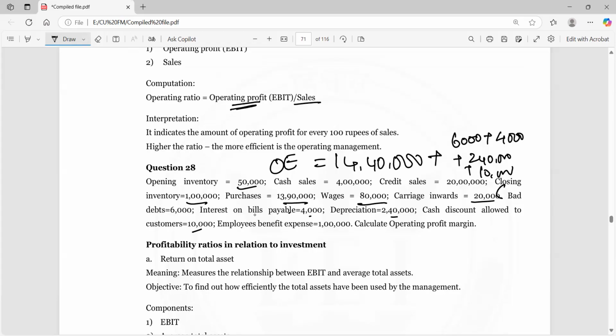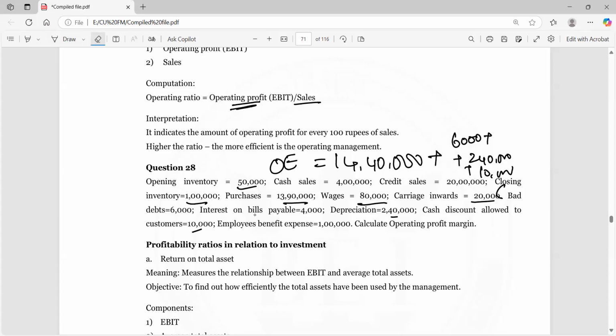So ignore this 4,000. Don't add it because we need EBIT. Then we will get EBIT. It is a finance expense. Interest is a finance expense.